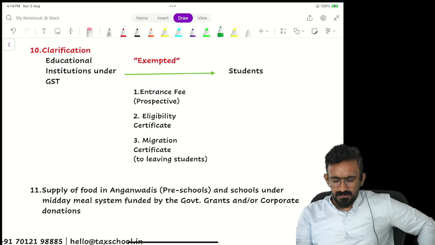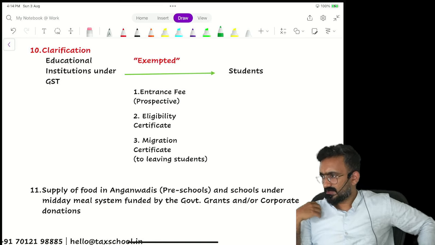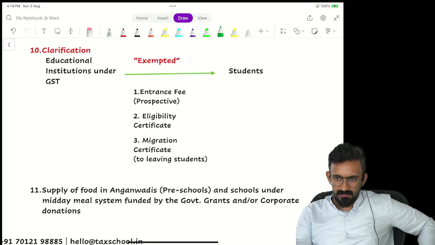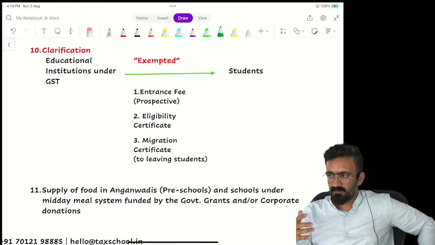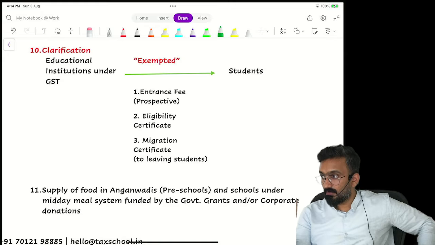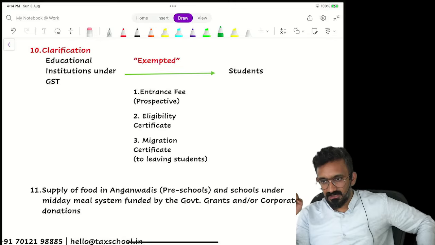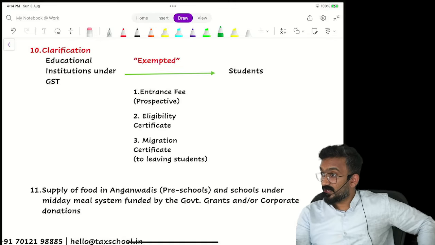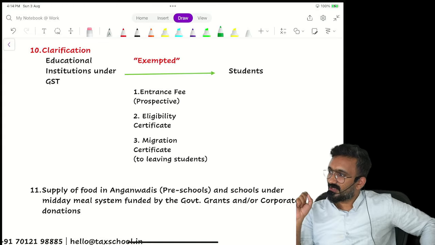They clarified sometimes, students, what is the meaning of student? Today, as a chartered accountant, I wanted to pursue one more course, for example. For that reason, I asked ICA to give me an old certified copy of my paper, or old certified copy of my exam form, or mark list. They charge me 300 rupees. Will it be taxable or exempt? Exempt. Why?